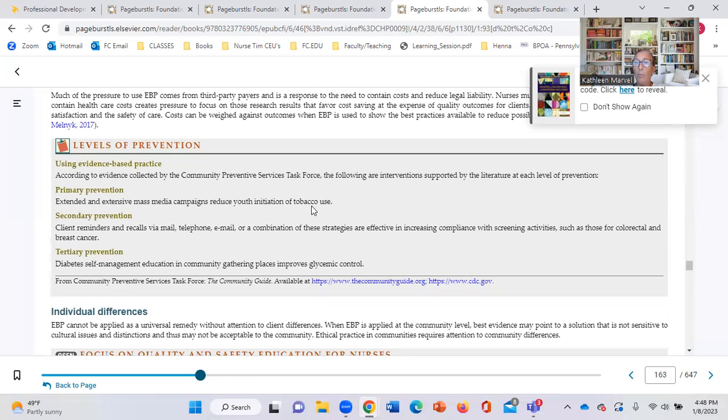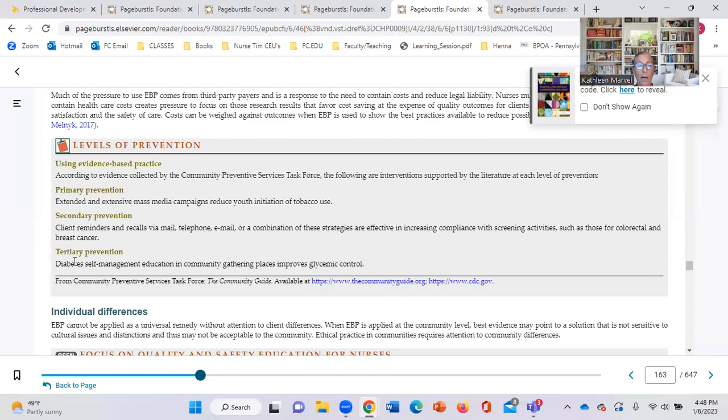So reminding people their mammogram is due, reminding people their primary care appointment is due. We're trying to identify who may be at risk, contacting them early, and reminding them they have to come in for a visit. So we're screening.